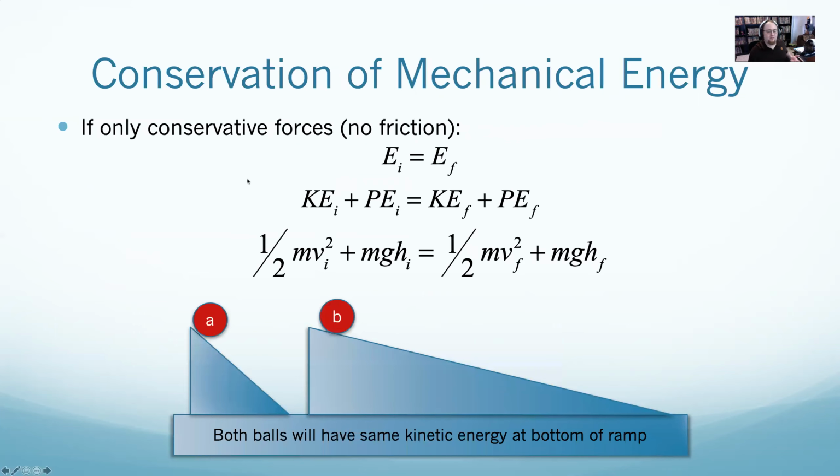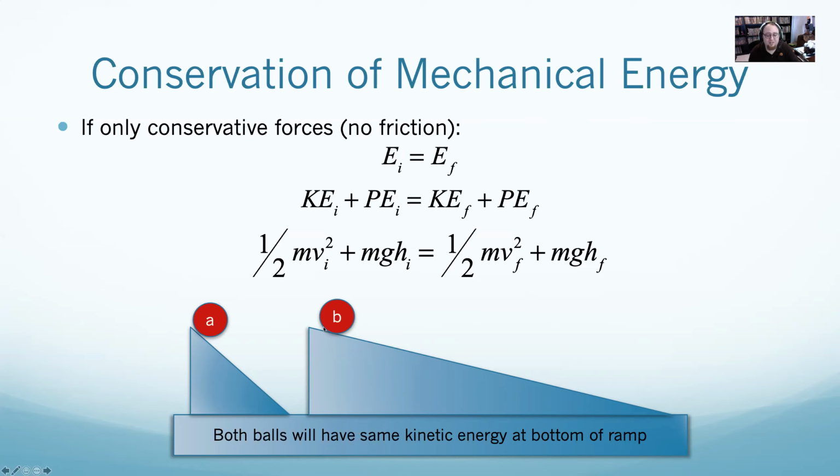Or 1/2 mv initial squared plus mgh initial equals 1/2 mv final squared plus mgh final. That's the general idea. Anytime there's no friction, the total energy will be the same, initial and final.